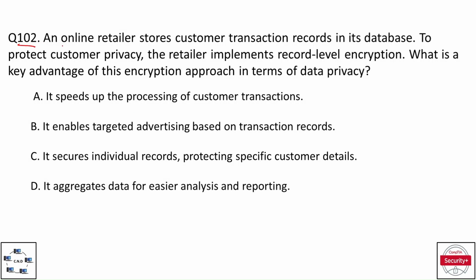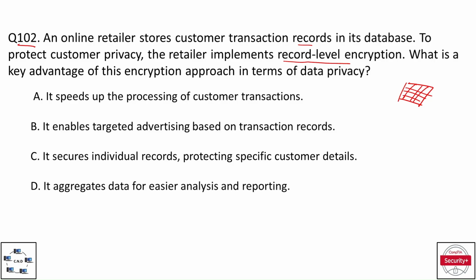Question number 102. An online retailer stores customer transaction records in its database. To protect customer privacy, the retailer implements record-level encryption. What is a key advantage of this encryption approach in terms of data privacy? If you know some basics about databases, data is stored in rows and columns.